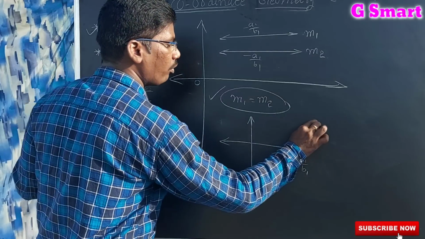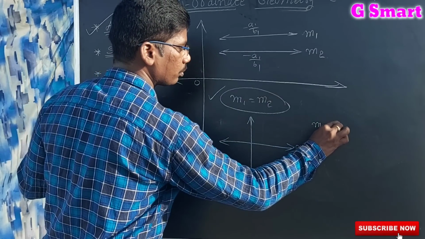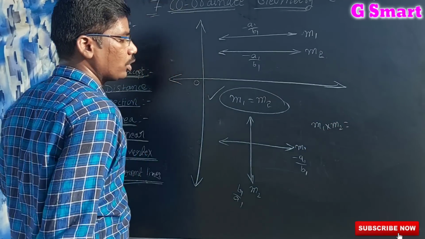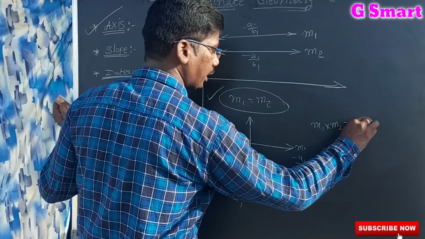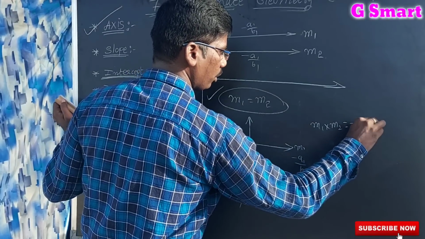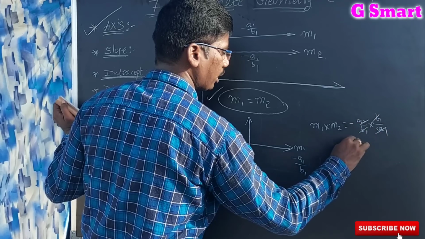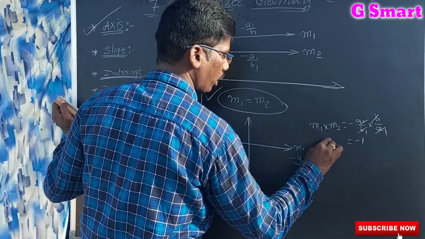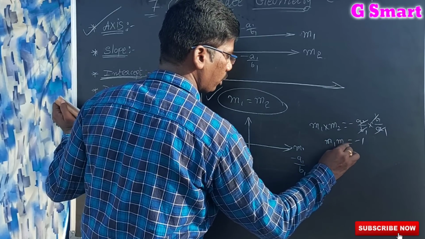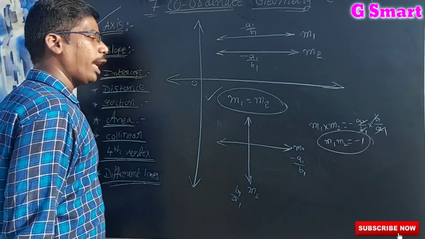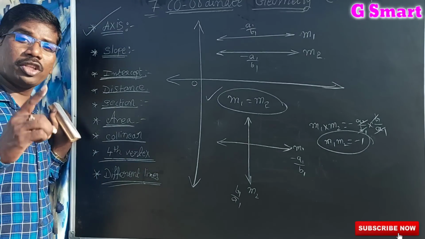So if you do m1 into m2, what will you get? Minus a1 by b1 into b1 by a1. a1 cancels, b1 cancels, minus 1. So remember this, most very important: if two lines are perpendicular to each other, then the product of the slopes is minus 1.